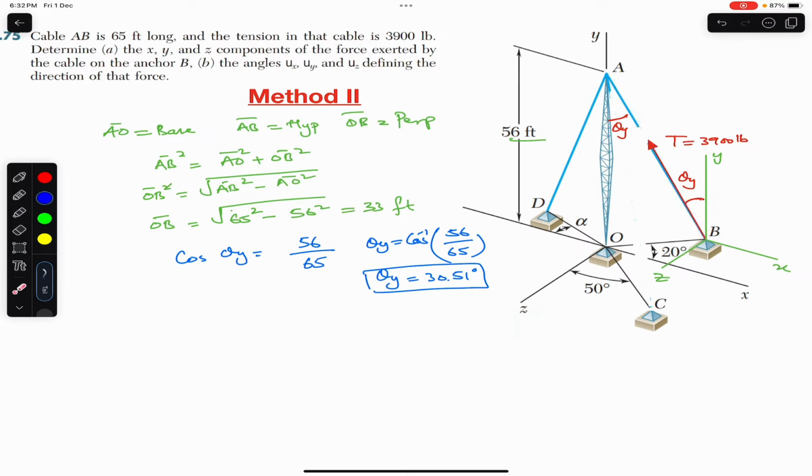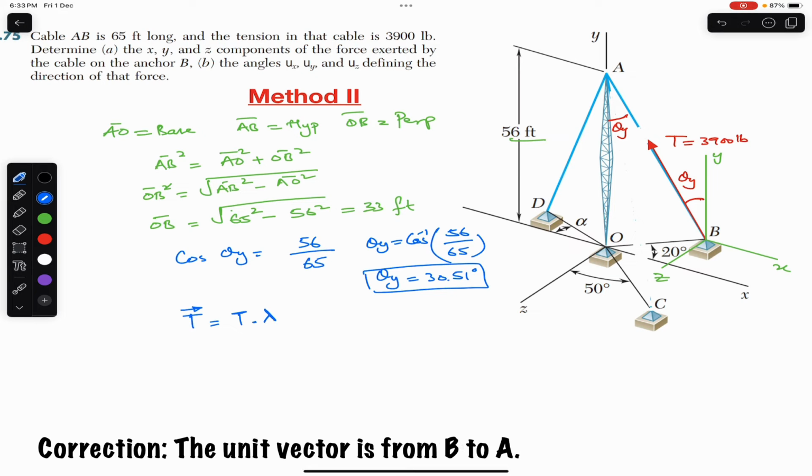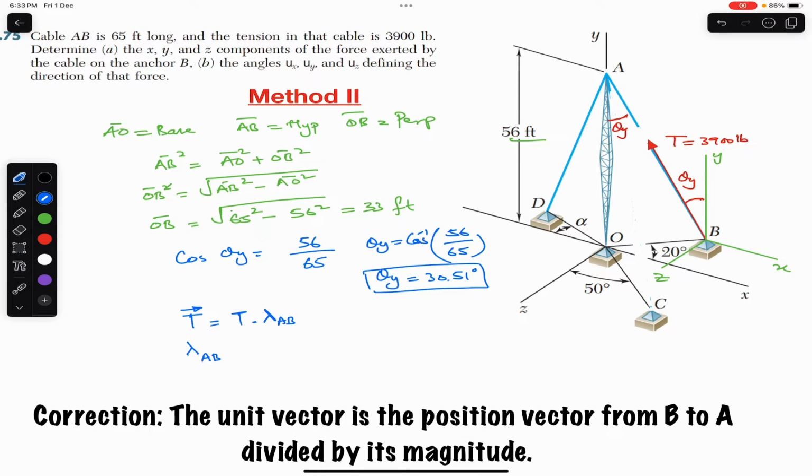So the T vector, the tension in cable AB, is equal to the T magnitude times the unit vector, and this unit vector will be from A to B. The unit vector from A to B is equal to the position vector from A to B divided by the magnitude of the position vector.